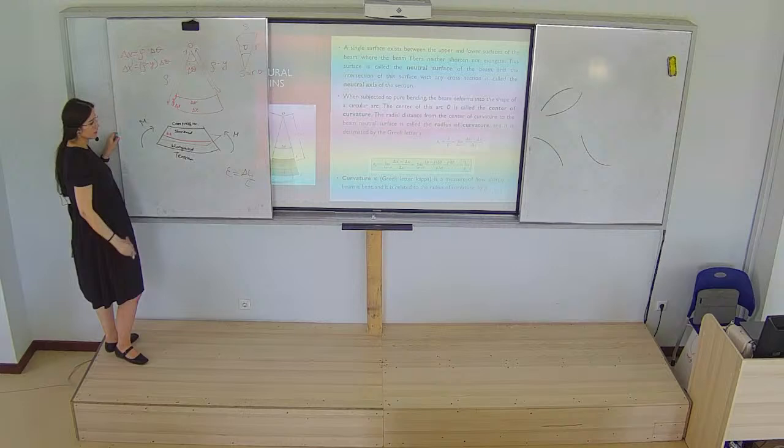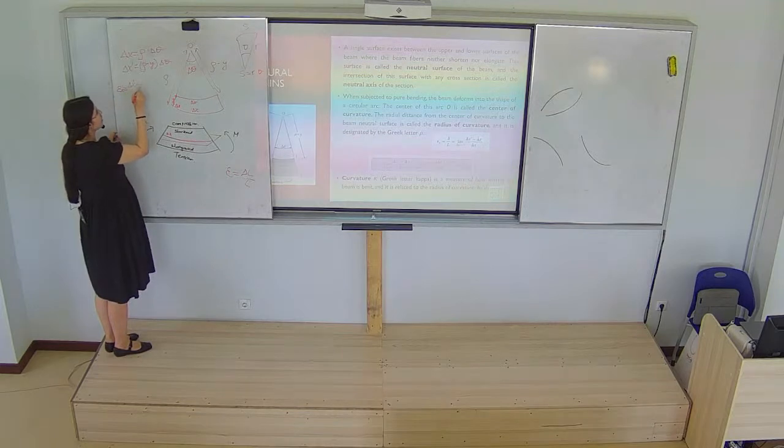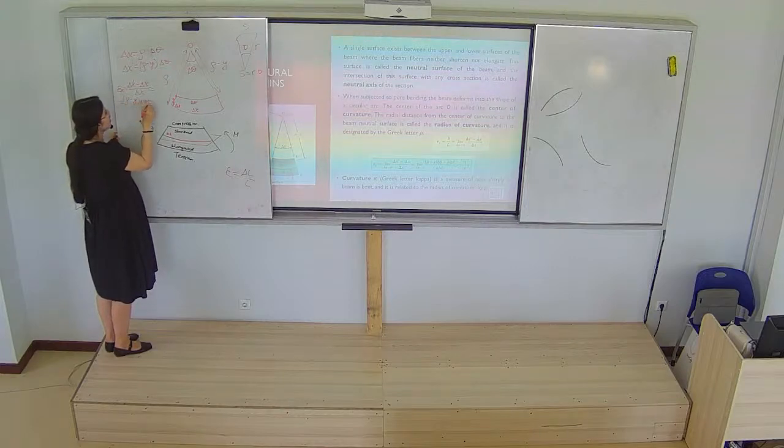Strain epsilon x is equal to delta x prime minus delta x divided by delta x. From here, I will rewrite it again. Delta x prime is equal to this one: rho minus y delta theta minus rho delta theta divided by rho delta theta.